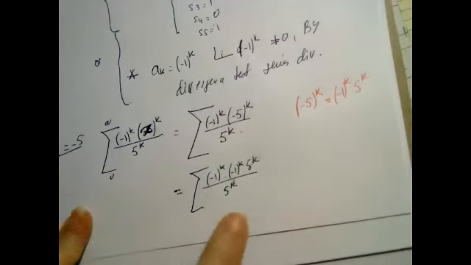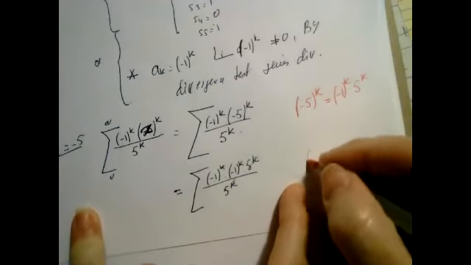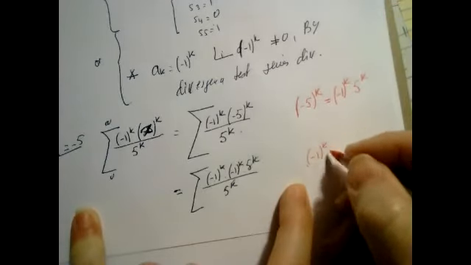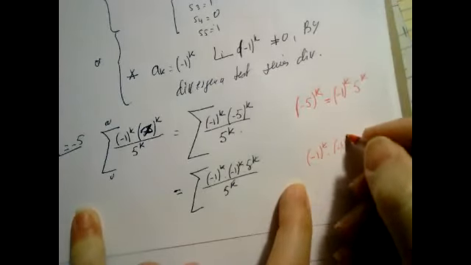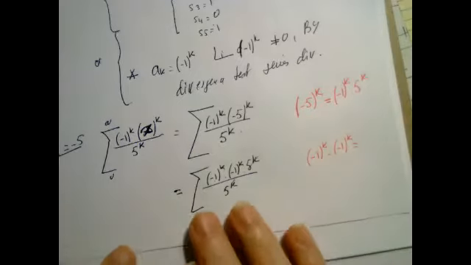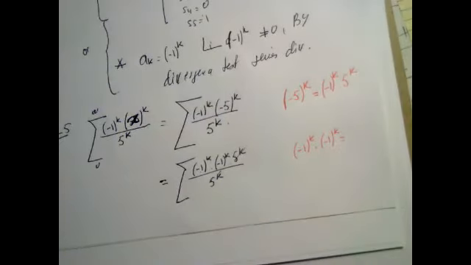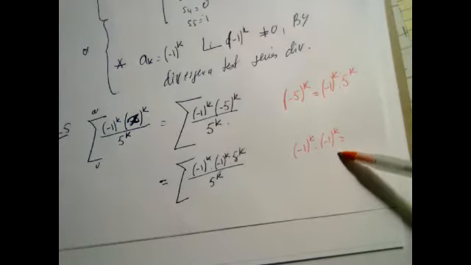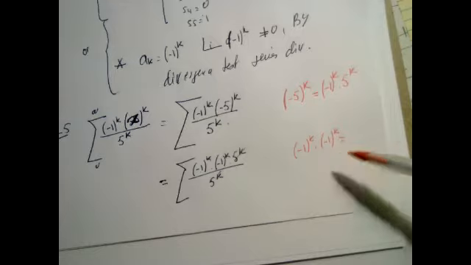Now -1 to the k times -1 to the k gives me what? Anybody? Any idea? It would just be 1. Yes, because this is 1.